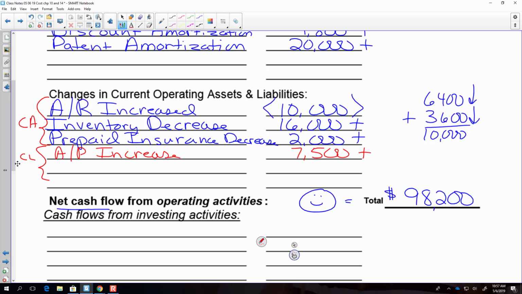That's always a good source for cash. And then finally, wages payable is our last current liability, decreased by 3,000. Liz, what does that do to my cash flow? Decrease. Yeah, it's a negative. That takes away our cash.